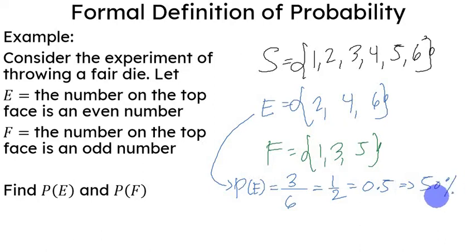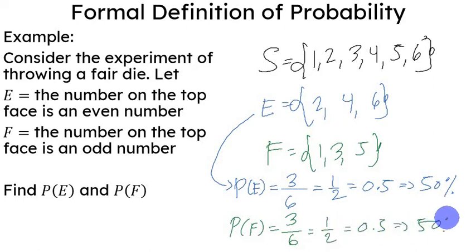It depends on how you'll be able to easily understand that the probability that the number on the top face when you throw a fair die is an even number is a half, 0.5, or 50%. If we do the same thing for event F, the probability of F would be the cardinality of set F, which is 3, over the cardinality of the sample space, which is 6. This is written in lowest terms as 1/2, in decimal as 0.5, in percent as 50% as well.